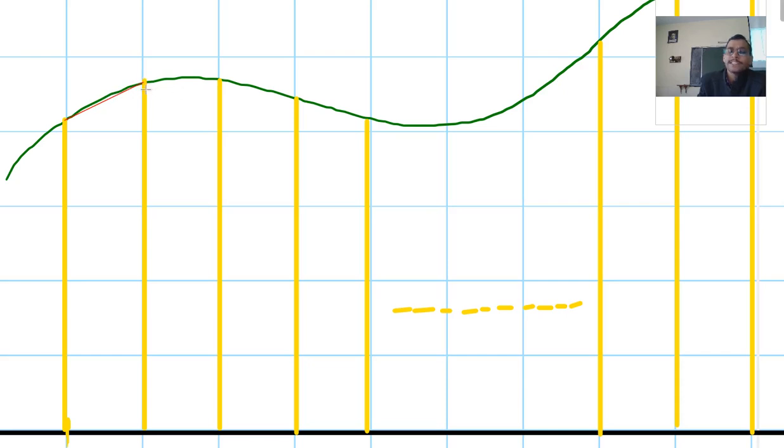This is one trapezium, this is another trapezium, this is another trapezium, this is another trapezium, and so on. Let me zoom in.